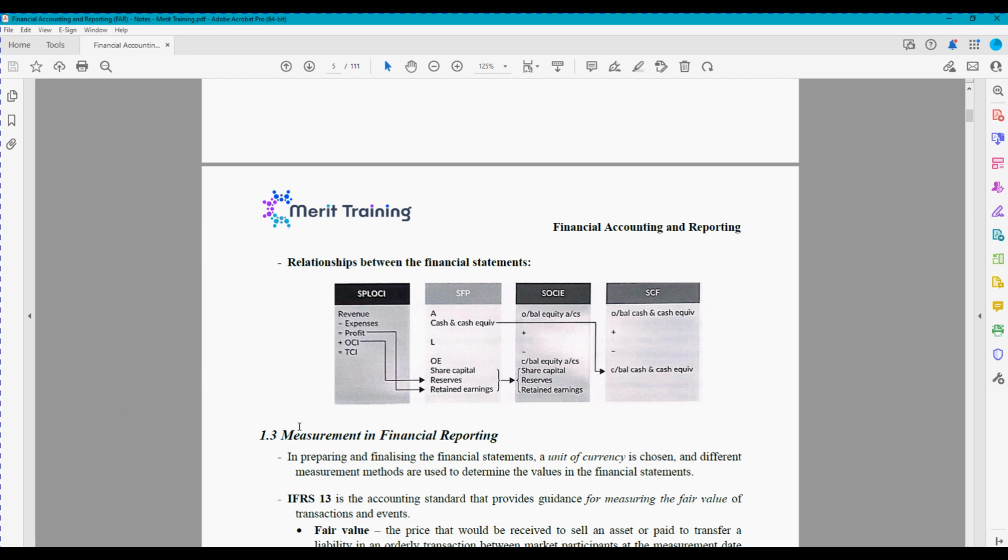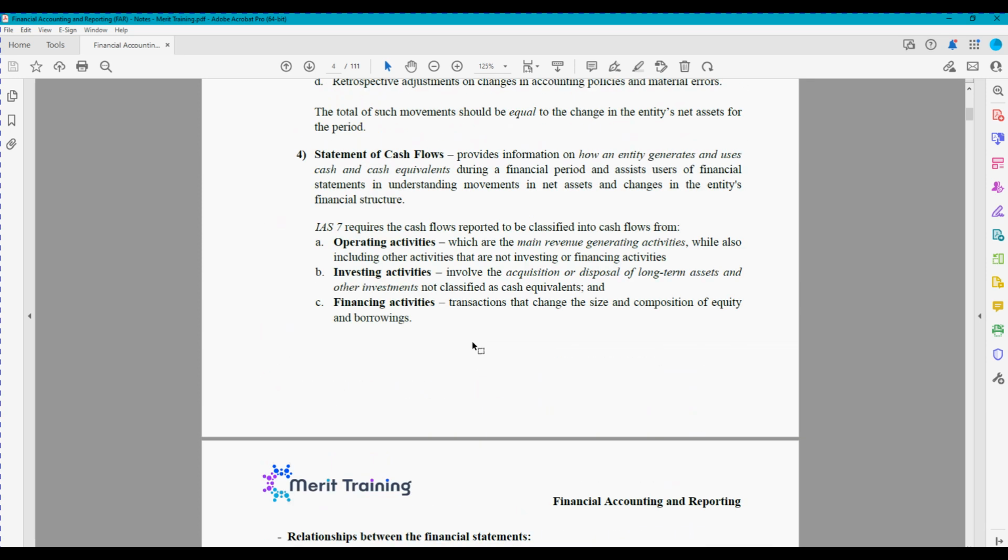For example, in your P&L or your SPL OCI, the business is showing its revenue, expenses, profit, right? That profit or excess profit flows through to the statement of financial position in terms of your equity, specifically your retained earnings. Similarly, the net profit forms the basis for your statement of cash flow, specifically the operating section of your statement of cash flow, right?